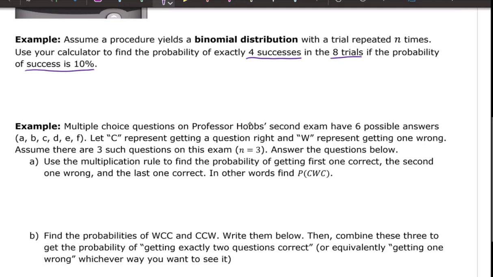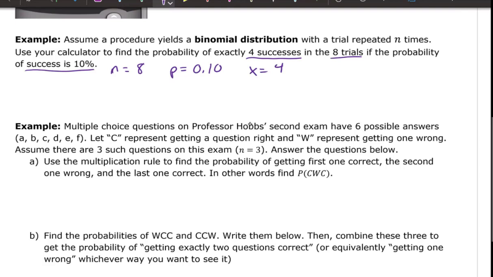We have 8 trials, so n is 8. The probability of success, p, is 10%, so 0.10. And x, how many successes we want, is exactly 4.